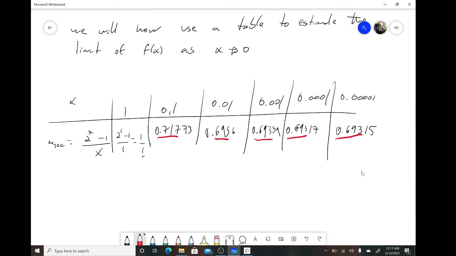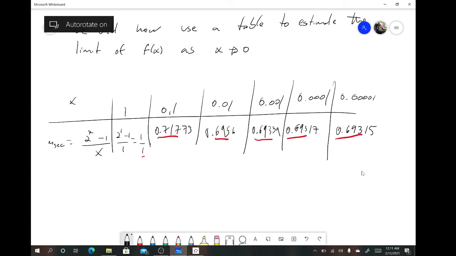So we can say, again as an estimation, that the slope, or the limit, as x goes to 0 from the right side of f of x in this case, is roughly equal to 0.693. So that is, again, an estimation.